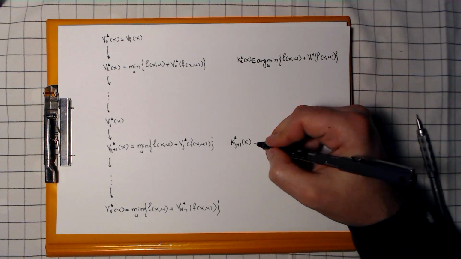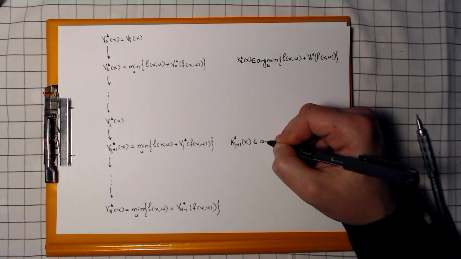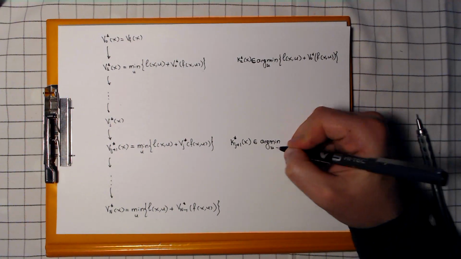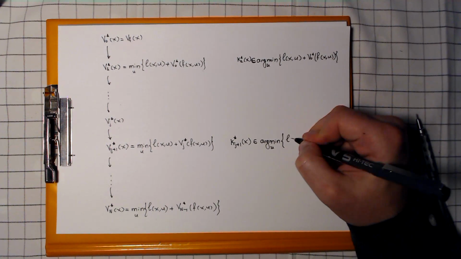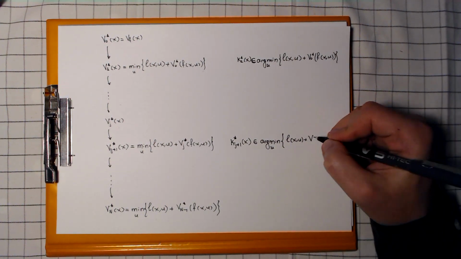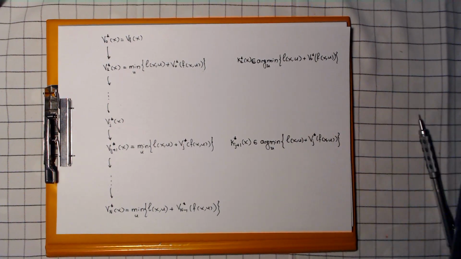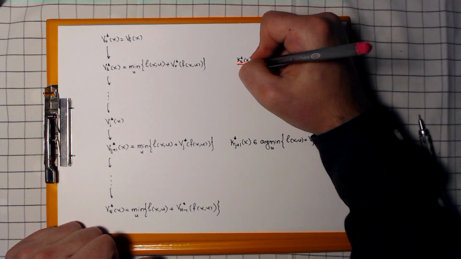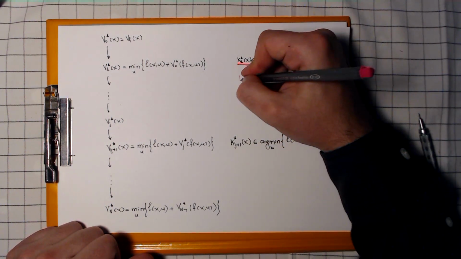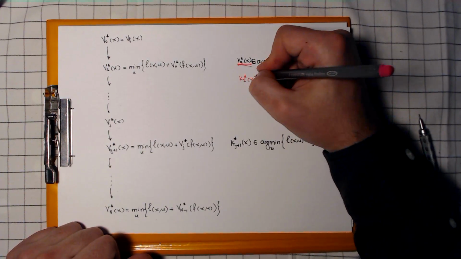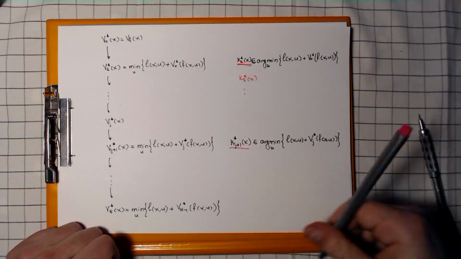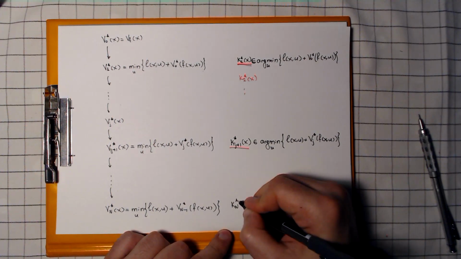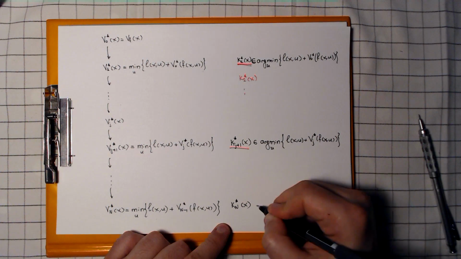These are functions of x, a selection from the minimizer with respect to variable u of this expression. Then we will have constructed this way a sequence kappa 1 star of x, kappa 2 star of x, and so on, kappa j plus 1 star of x, and the last one will be kappa n star of x.